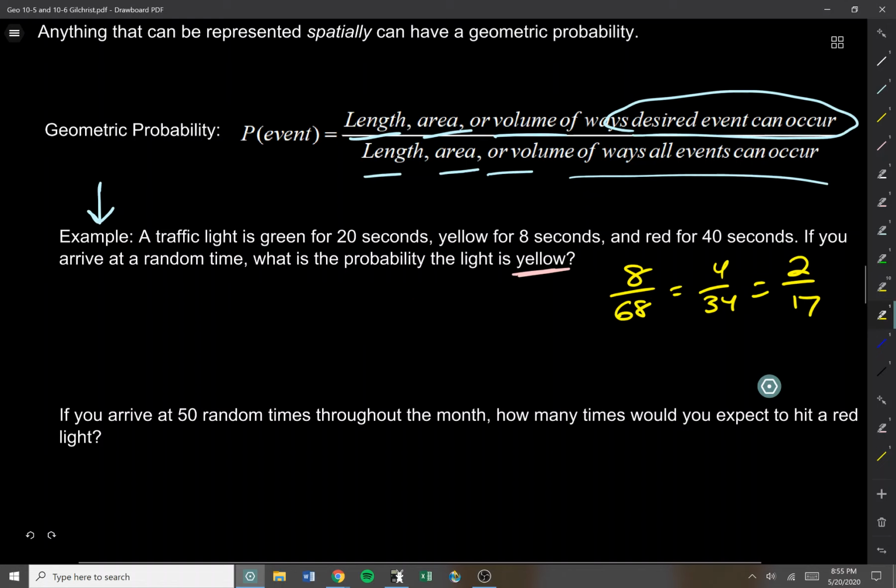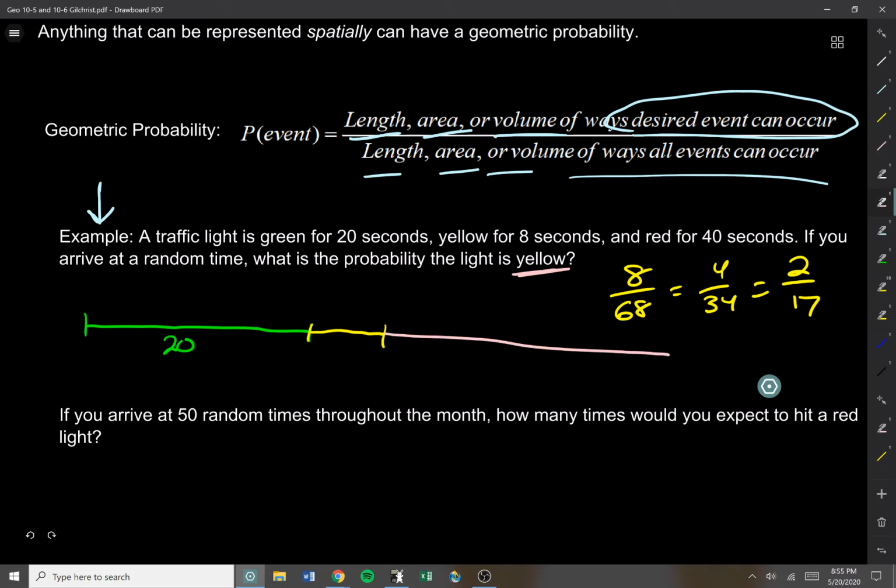But some people really prefer a geometric way to view this. Okay, so the traffic light is green for 20 seconds. Let's have this length right here represent 20. I'm going to do this as a distance. There's 20 units. The yellow light lasts for 8 seconds, so less than half. And the red light lasts for 40 seconds, so twice as long as the green one.